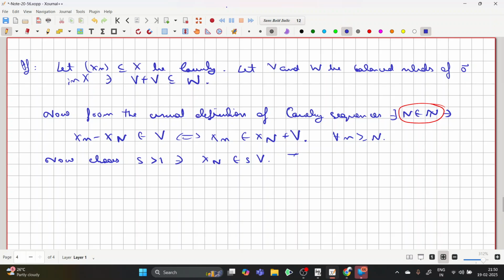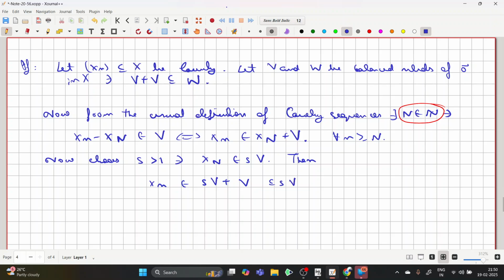Then what I can do from here is that x_n, which was already in x_N plus V, I can write to be inside sV plus V, right?